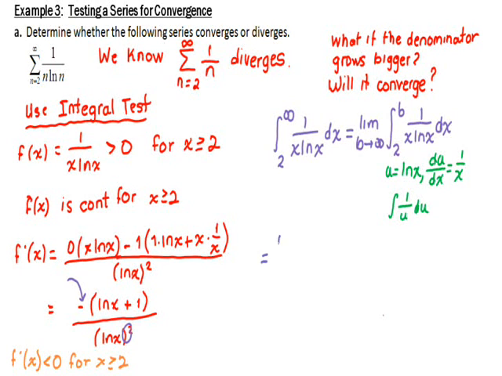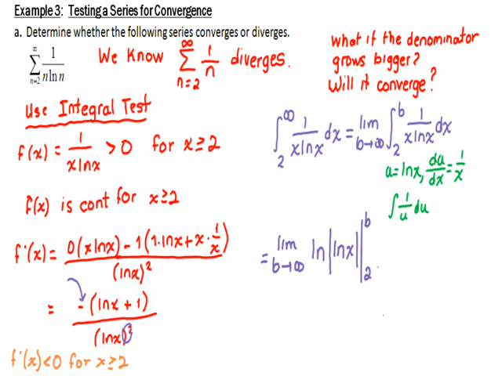We're going to still have our limit out in front. The integration of 1 over u is the natural log of the absolute value of u. And you'll notice our u here is kind of interesting. It is the natural log of x. So you've essentially got the natural log of the absolute value of the natural log. Evaluate from 2 to b.